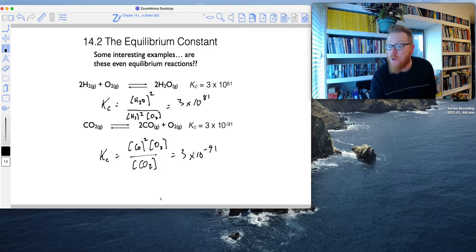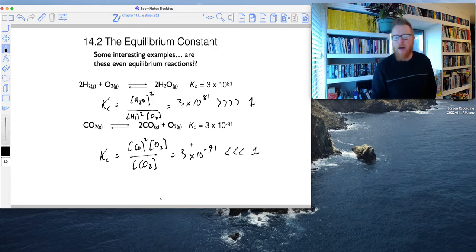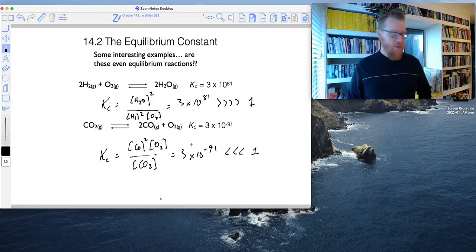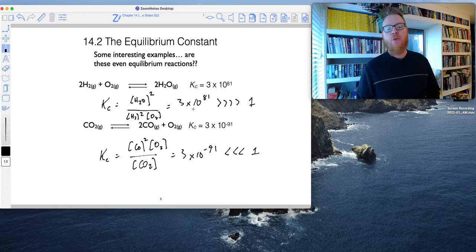So you notice there are 2 extremes that I'm showing here. This K is obviously much, much greater than 1, and this K is quite clearly much, much less than 1. But what about these numbers? Are those reasonable numbers for equilibrium? As it turns out, no. These numbers are totally ridiculous. 3 times 10 to the 81 is so big that this reaction is not an equilibrium reaction.